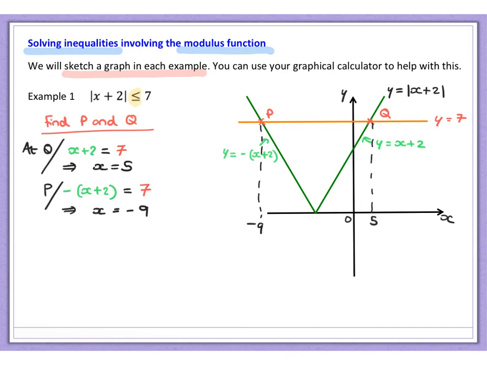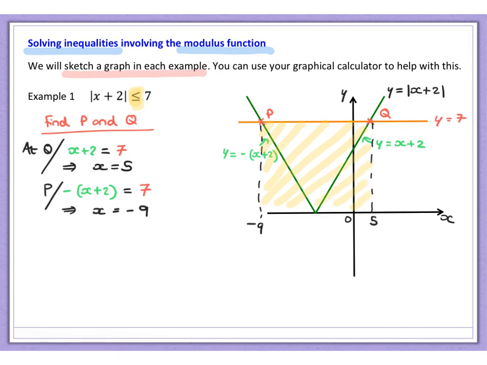Remember what we are trying to solve. The modulus of x plus 2 is less than or equal to 7. So we are looking for the x coordinates which result in our modulus function, the green function, falling underneath the straight line where y equals 7. And of course, that refers to this portion here, which I'm shading in yellow.